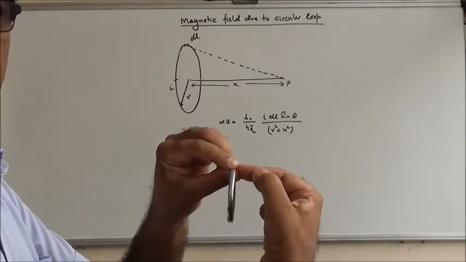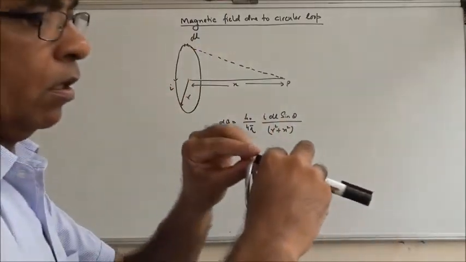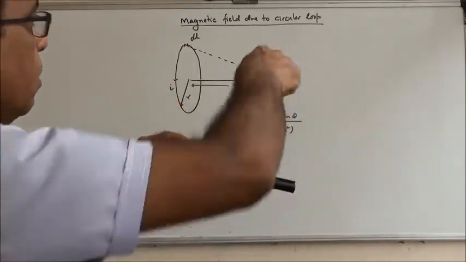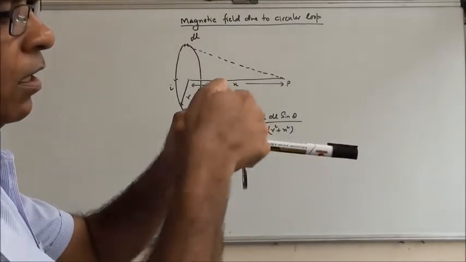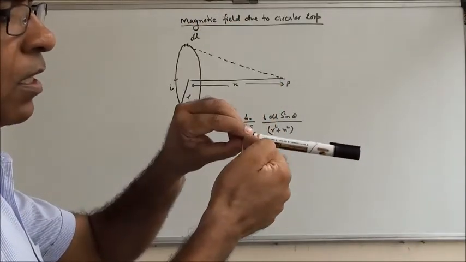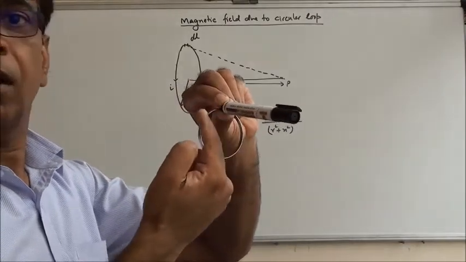So it is this. This is this vector and tangent is along the circle. So I need this angle actually. How much is this angle? This one. It is 90 degrees.